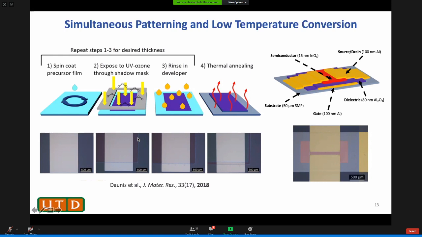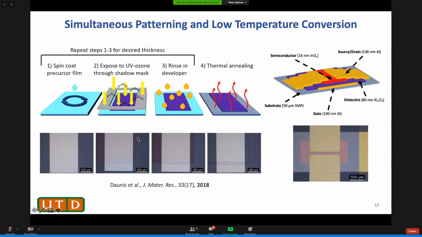For those of you who do lithography, this works kind of like a negative resist. The part that sees the UV light stays, they cross-link. They don't completely convert to metal oxide yet, but they convert enough that you can remove the rest in the solvent. So here is an optical microscope picture.